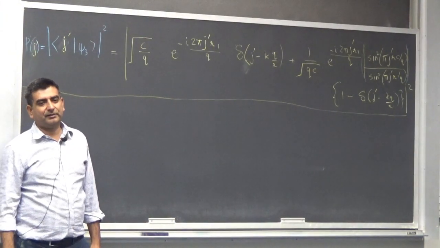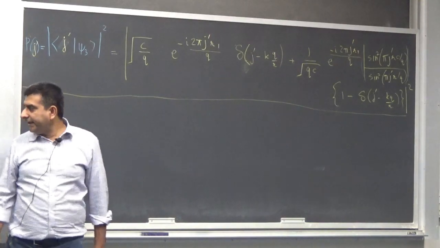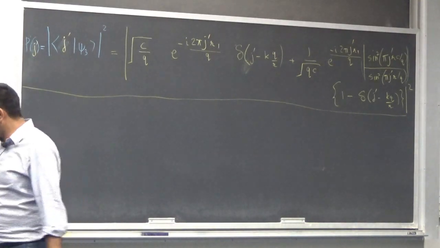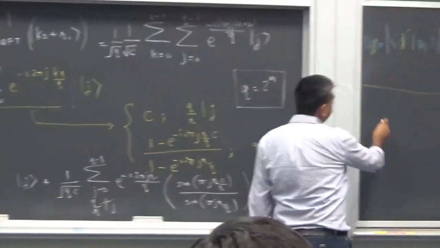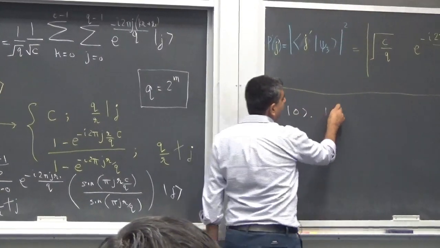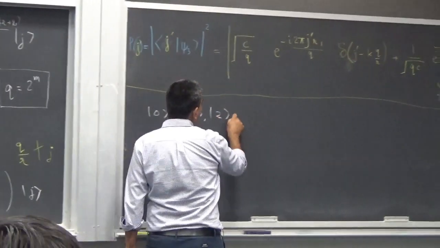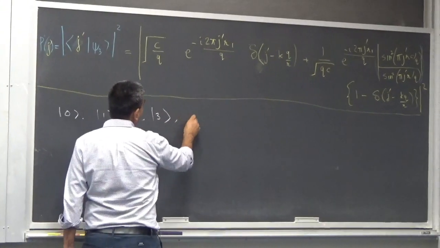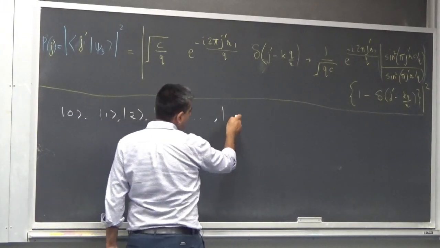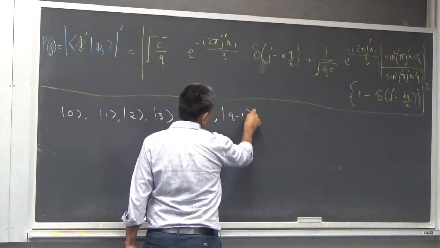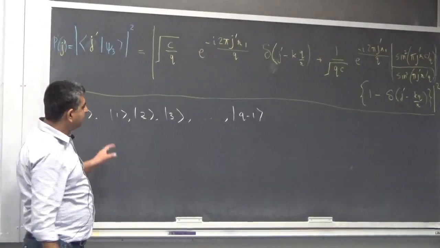So j prime is one of the terms there, right? It's hidden. So this j could be ket 0, ket 1, ket 2, ket 3, all the way up to ket q minus 1. And j prime is one of them.